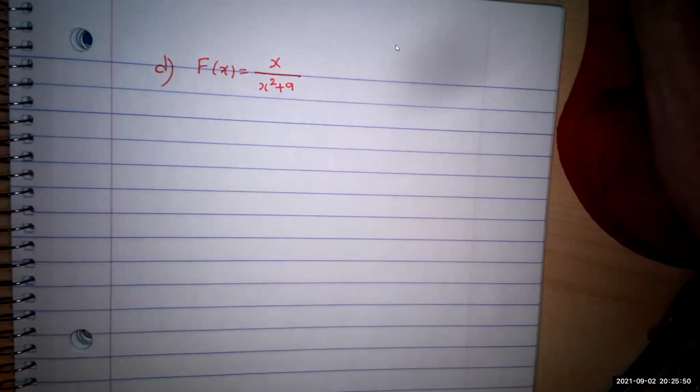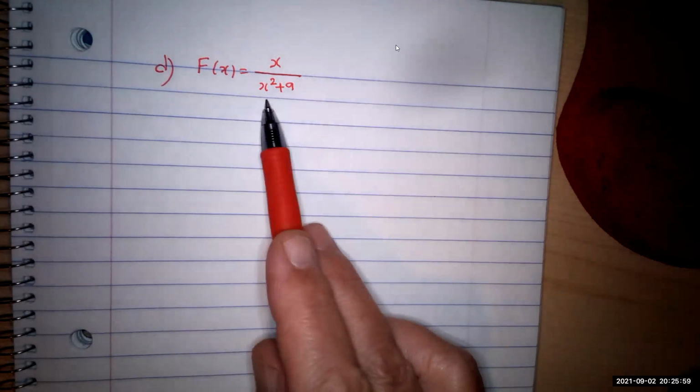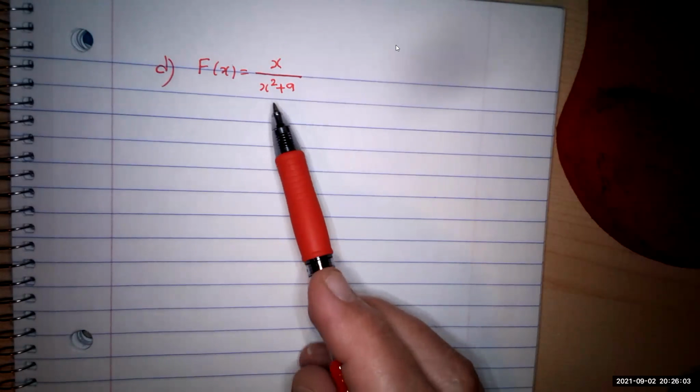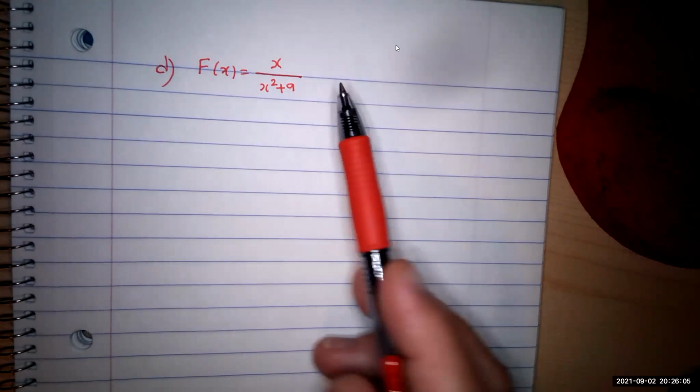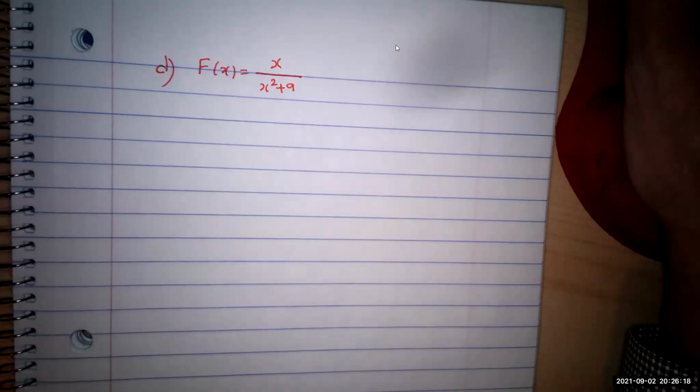When it's plus 9, you are not going to be able to factor it. 3 squared is 9, 9 and 9 is 18, so you won't get 0. -3 squared is 9, 9 and 9 is 18. So x squared plus 9 is not factorable. When it's not factorable, there is nothing to be removed. So the domain of this function would be all real numbers.